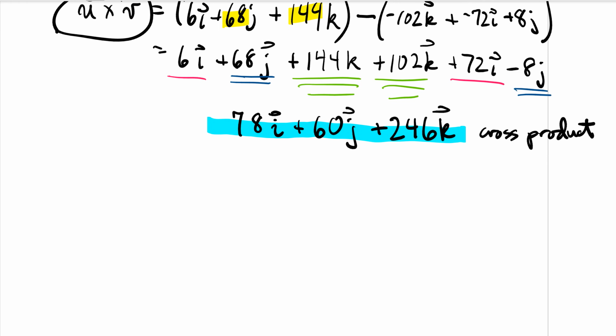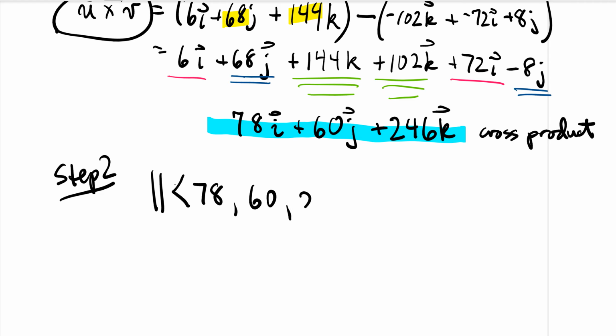What we need to do is find the magnitude of this vector (78, 60, 246), and then divide the vector by its magnitude, and that's called normalizing the vector.